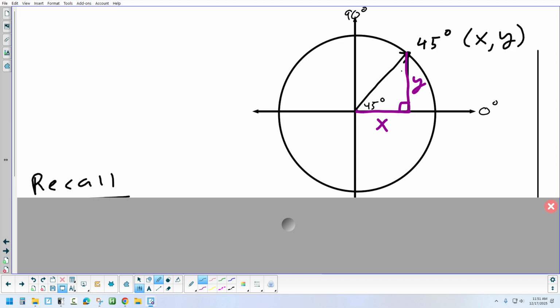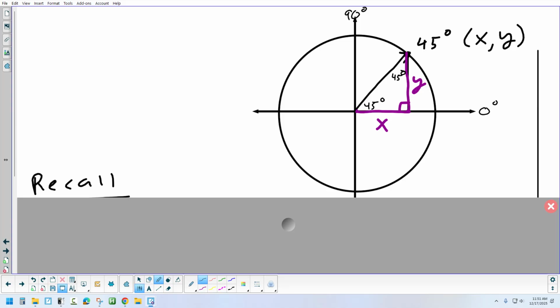So what would this angle at the top have to be? 45 also. So that's a 45, 45, 90 right triangle, and that tells us something about the triangle. It tells us a few things, but I'm looking for something particular. Yeah, this is geometry.